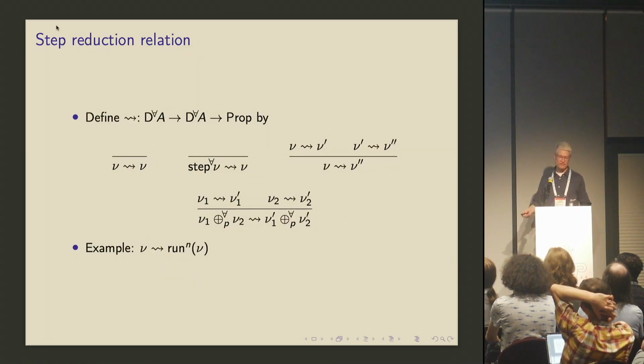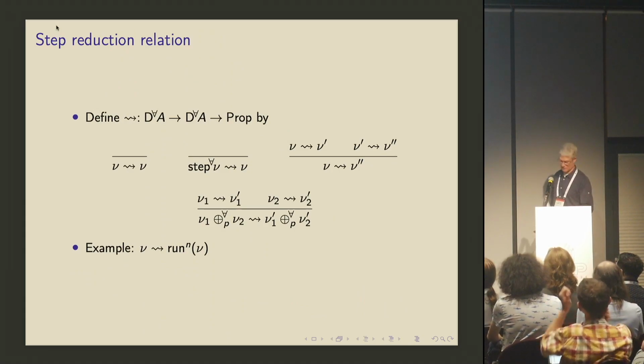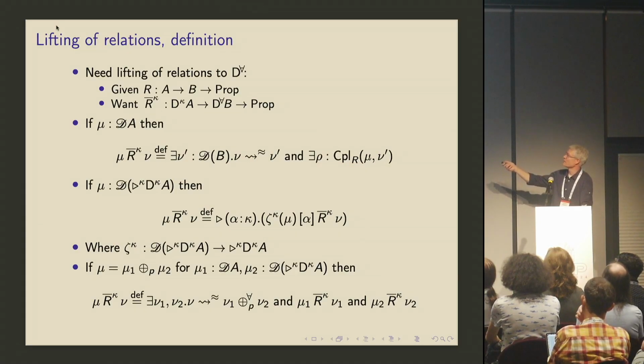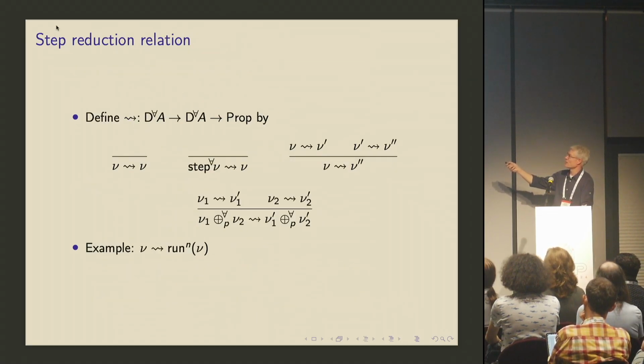Okay, so I haven't told you what the twiddle relation is. Maybe I shouldn't spend too much time on this. Here I had a twiddle in the limit, so it step reduces in the limit to new prime. I first extend the step reduction relation I had before, which just took off the steps in the natural way for probabilistic choices.